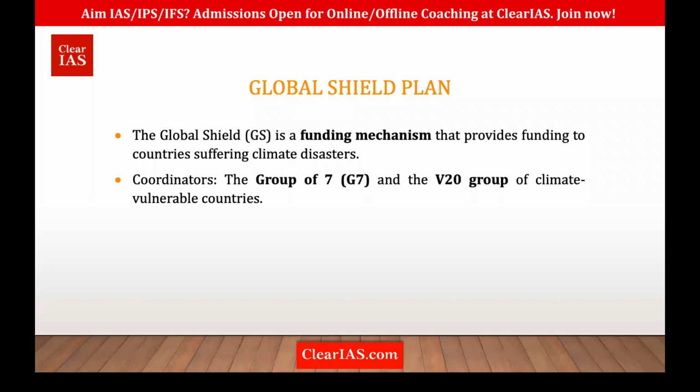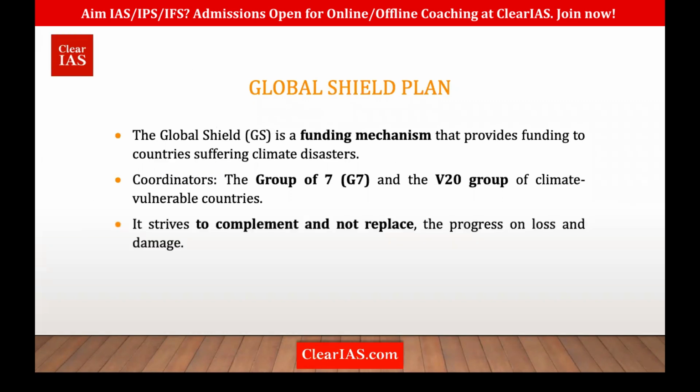And who has formed it? It is the G7 along with the V20 group. We'll talk about the V20 group later in the next slide. But first, just remember, Global Shield Plan is coordinated by the G7 and the V20 group. It strives not to replace but to complement the loss and damage fund.